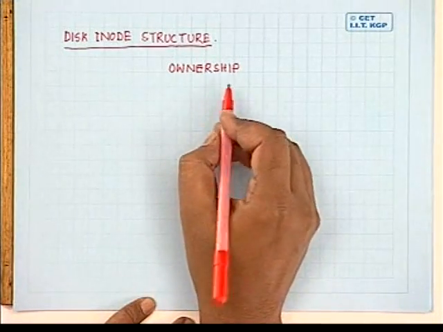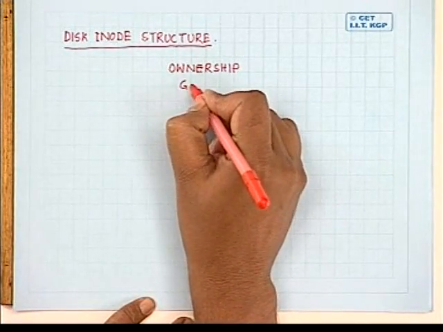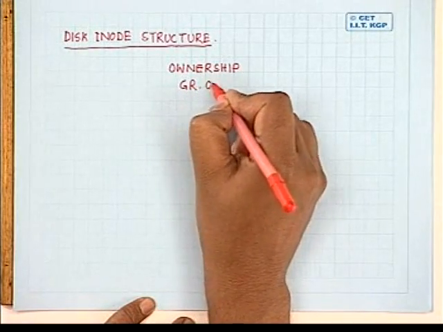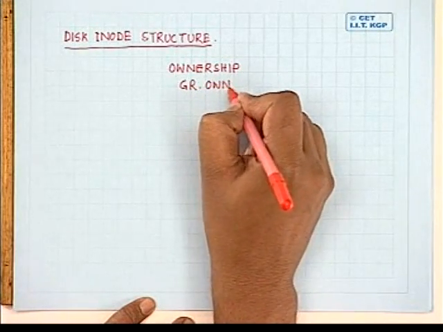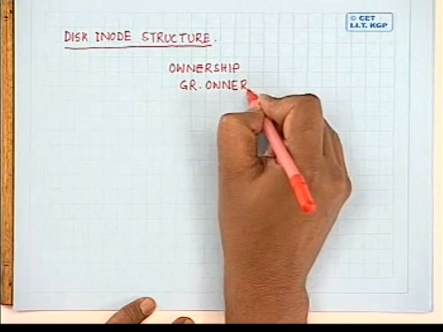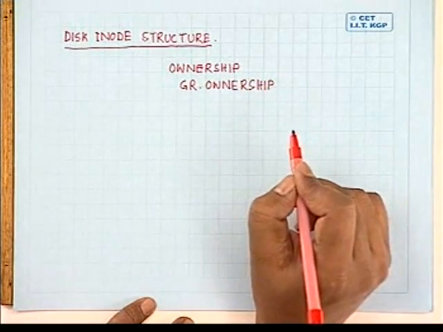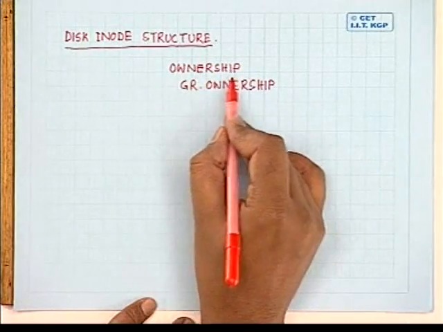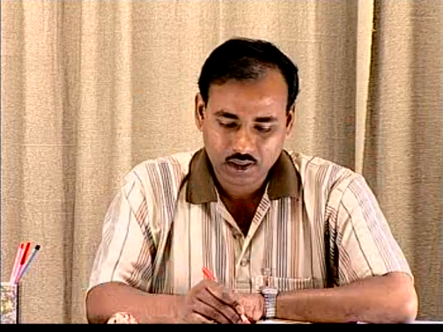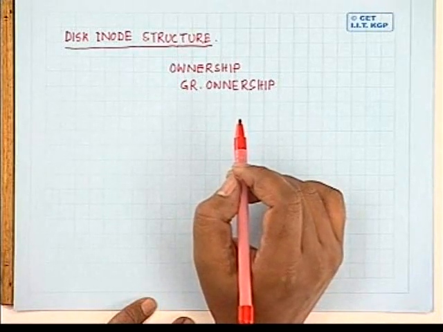And the second ownership that we have is group ownership. So we have two fields in the disk copy of the inode. One indicates the individual ownership, the other one indicates the group ownership.